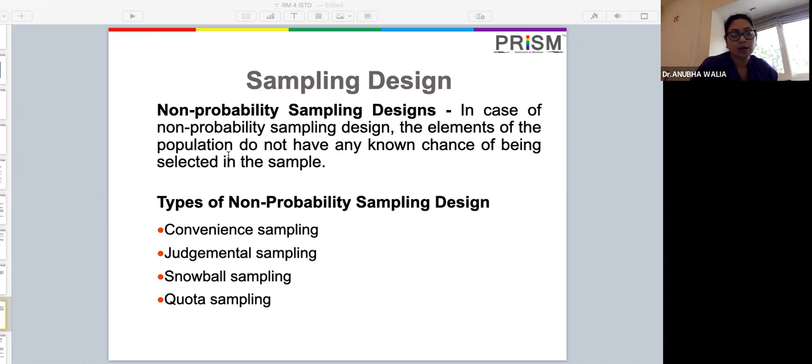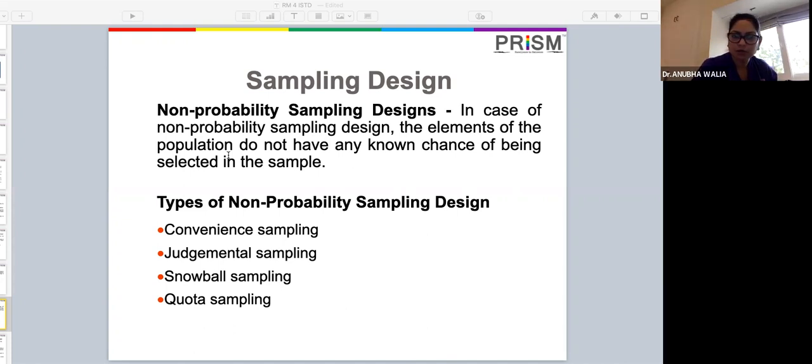Example again, let's say an interviewer may be told to sample 200 females and 300 males between the age of 25 to 55. So in quota sampling, the selection of the sample is non-random.